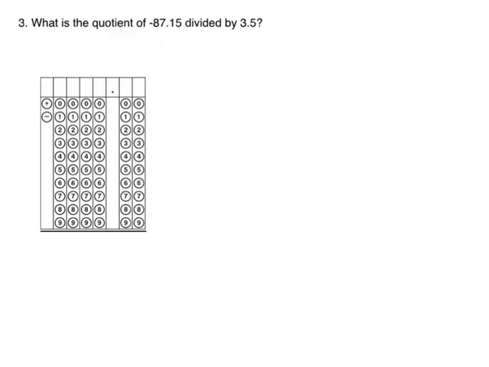Alright, so what is the quotient of negative 87.15 divided by 3.5? So quotient, in case you forgot what it meant, it tells you by saying divided by. So we're going to go ahead and put the 87.15 inside, and then outside is our 3.5.